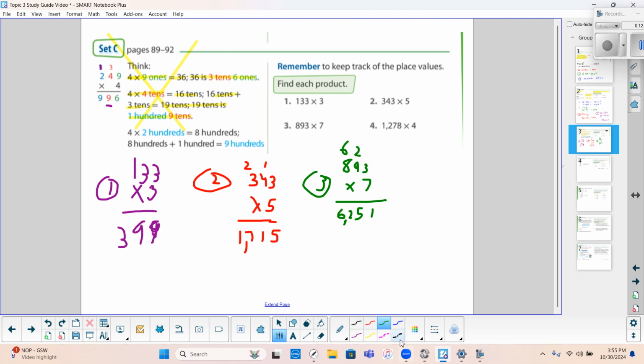And finally, number 4, I'm going to do in this space right here, 4 times 1,278. 4 times 8 is 32, carry the 3. 4 times 7 is 28, plus 3 is 31, so I'll put the 1 there, carry the 3 there. 4 times 2 is 8, plus 3 is 11, put the 1 down there and carry the 1. 4 times 1 is 4, plus 1 is 5, so 5,112 is the answer.